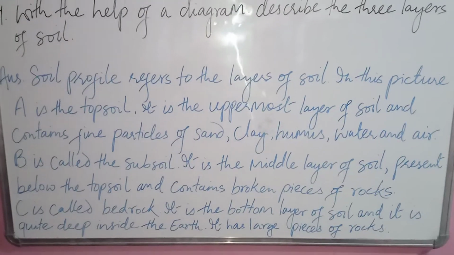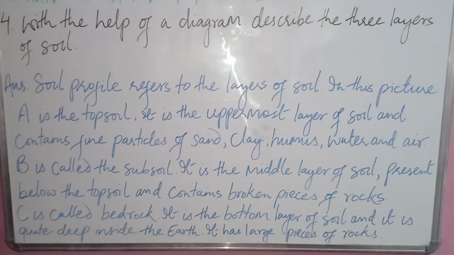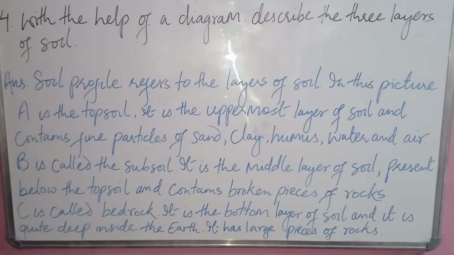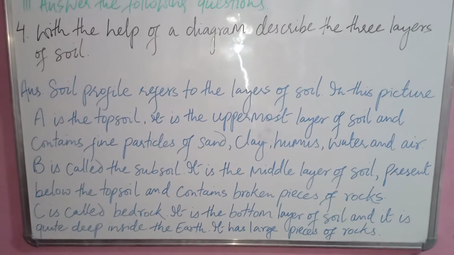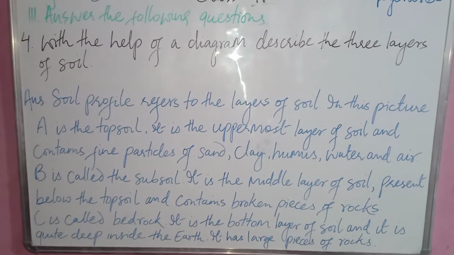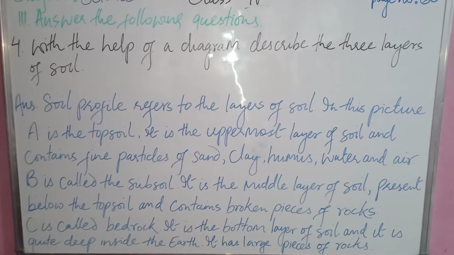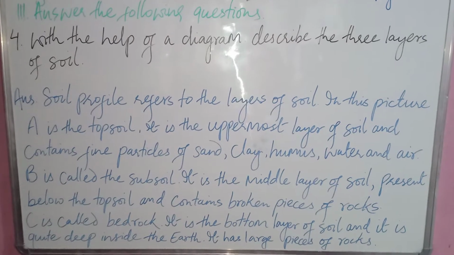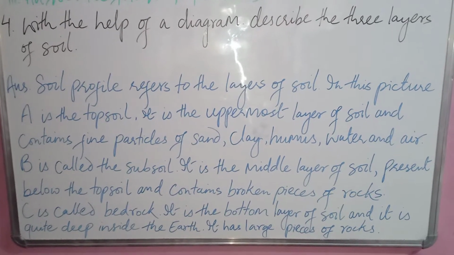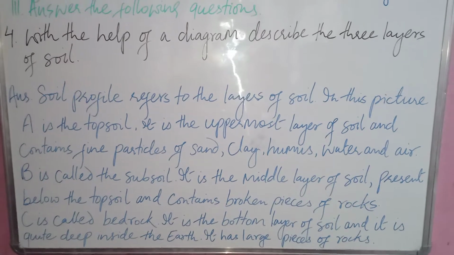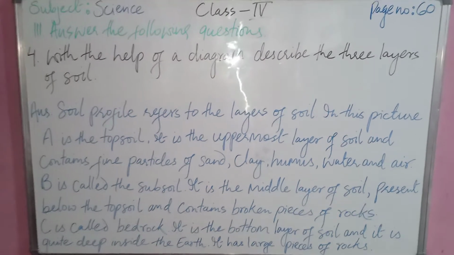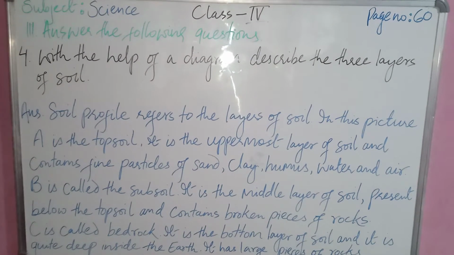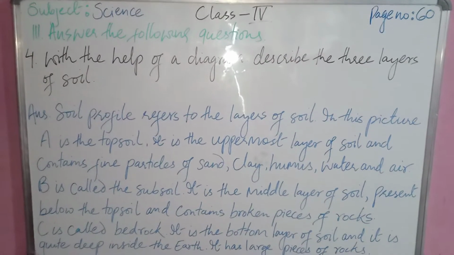It is the middle layer of soil present below the topsoil and contains broken pieces of rocks. Then C is called bedrock. It is the bottom layer of the soil and it is quite deep inside the earth. Full stop. It has large pieces of rocks. So that much you have to write. But before writing this one, you have to draw the soil profile diagram.